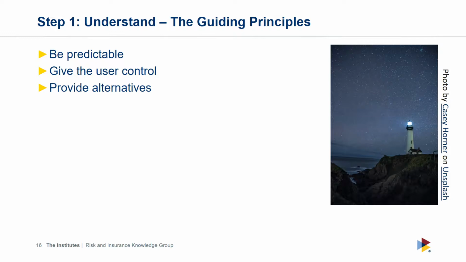So the guiding principles of how to get to accessibility compliance are: be predictable, give the user control, and provide alternatives. What do we mean by be predictable? When we come to a website, we bring with us all the baggage of all the other websites we've ever come to before.